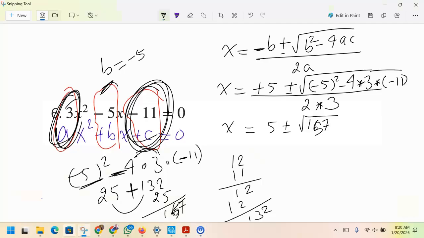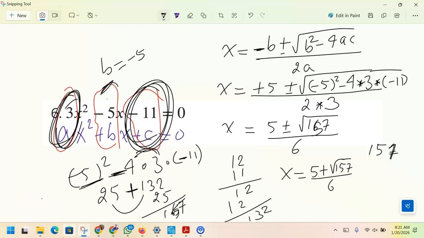So this is 157 divided by 6. The 157 is not a perfect square, and it does not get reduced, so we can just write this as two answers, one with plus square root of 157 divided by 6, and the other one is x equals 5 minus square root of 157.